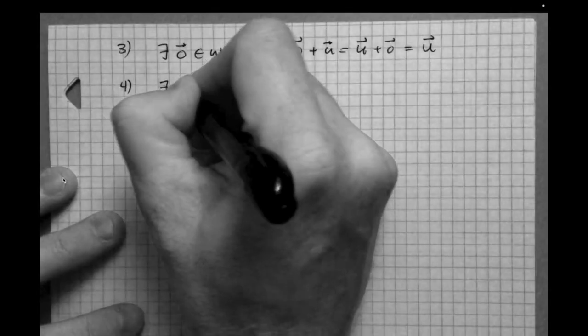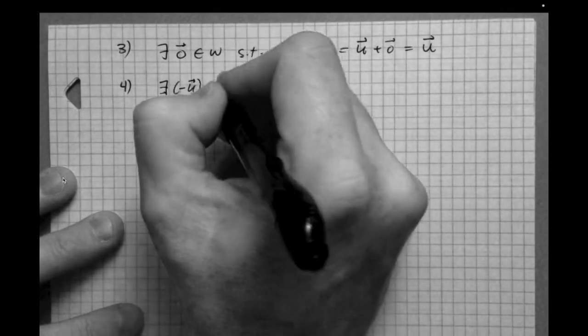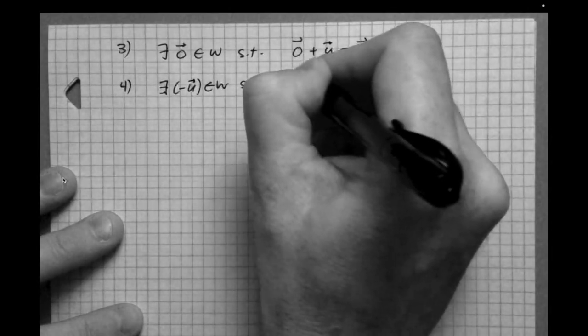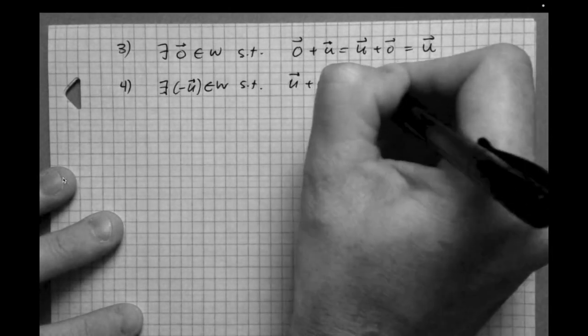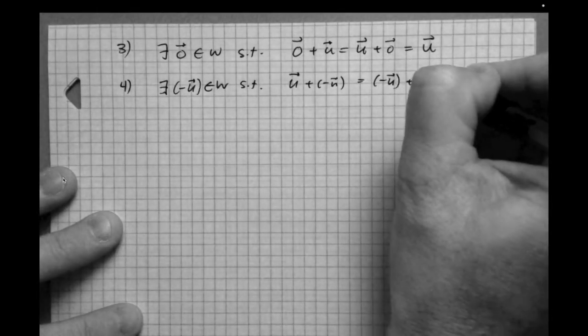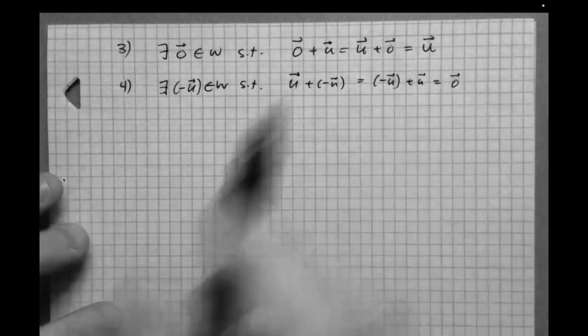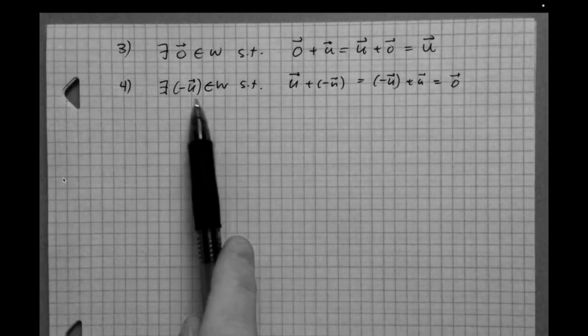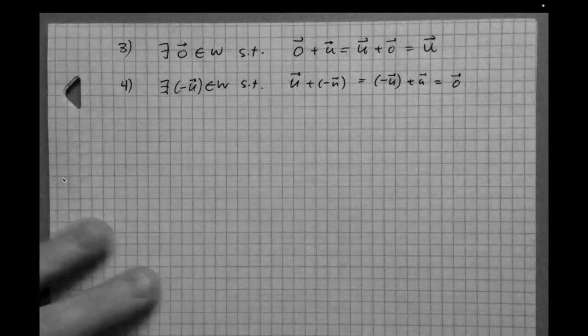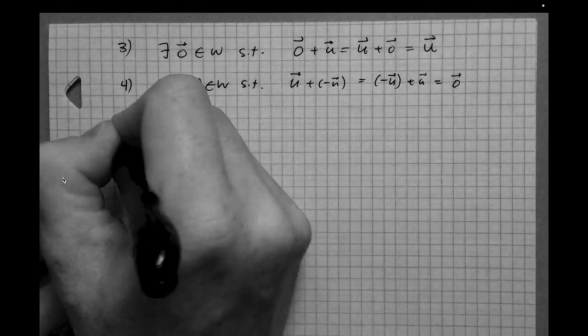We need to show that there exists a negative U in W such that U plus negative U equals negative U plus U, which is 0. Just because U is in W, that doesn't necessarily mean that negative U is in W. We don't get that automatically. We have to show that that's true. So let's do these two. These are fun. We'll start with 3.